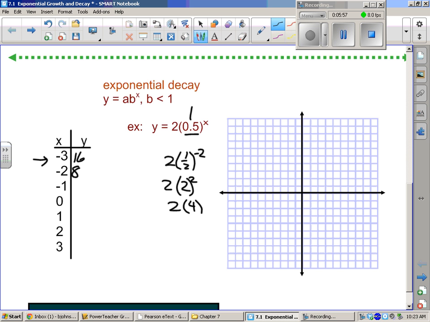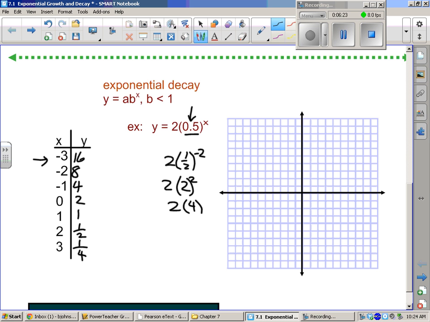What's happening now? Cutting in half. So this number kind of tells you what's going on. That's the decay factor. So it's getting smaller by a half every time. So I'm going to just go out on a limb here, say that's going to be 4, that's going to be 2, cut that in half as 1, cut it in half again, cut it in half again. So those are all my answers. All right, if you want to test those, feel free, but we're going to just go with it.